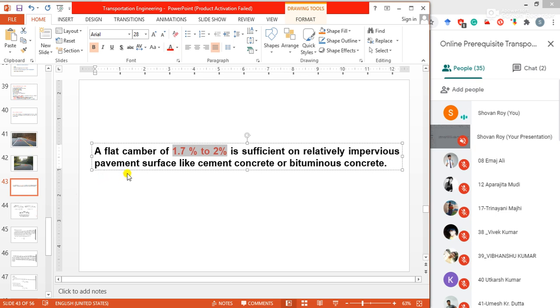Normally flat camber, that means 1.7 by 100 or 2 by 100, is provided for impervious surface.